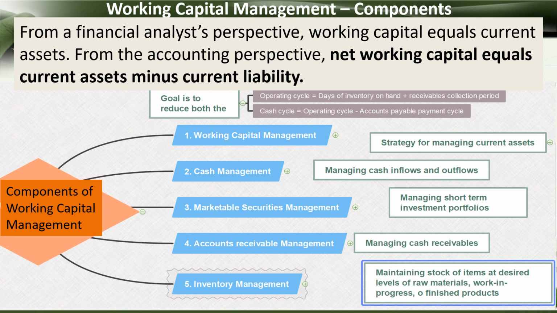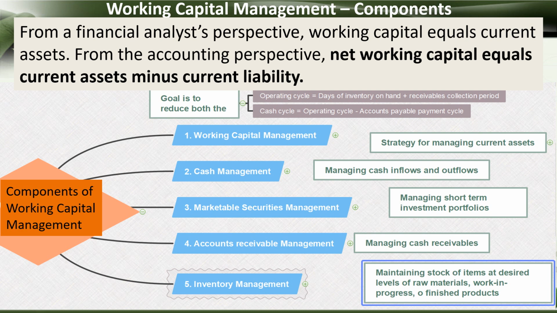Components of working capital management, as we have already seen: from a financial analyst perspective, working capital equals current assets. But from the accounting perspective, net working capital equals current assets minus current liabilities. We know the goals are to reduce both the operating cycle and the cash cycle.